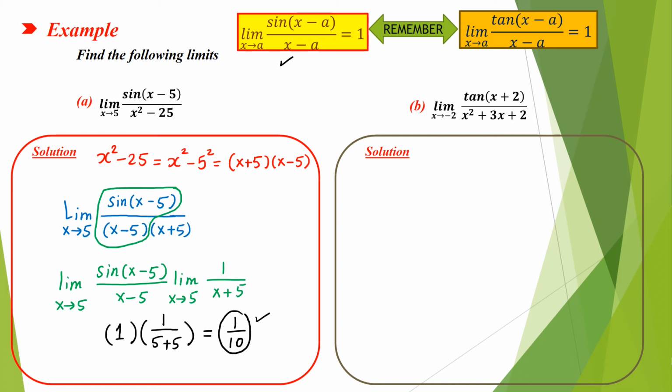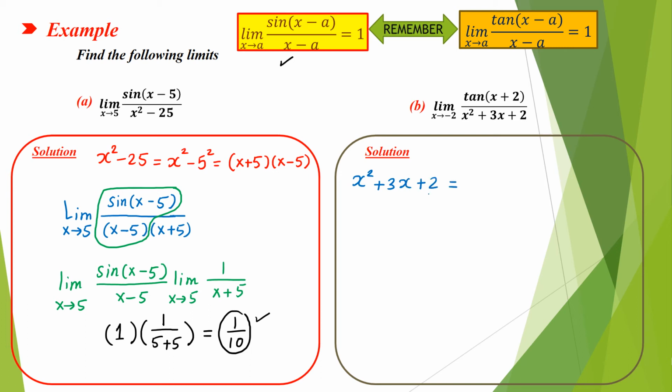For the second part, we have the limit of tan of x plus 2 divided by x squared plus 3x plus 2 when x goes to negative 2. By direct substitution, you will get 0 over 0. So you have to factor the denominator. In the denominator, we have x squared plus 3x plus 2.